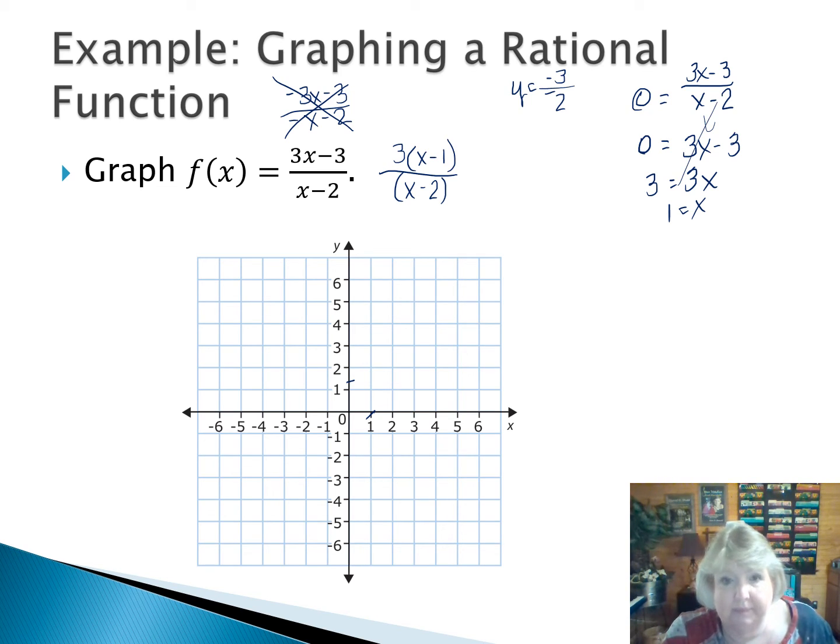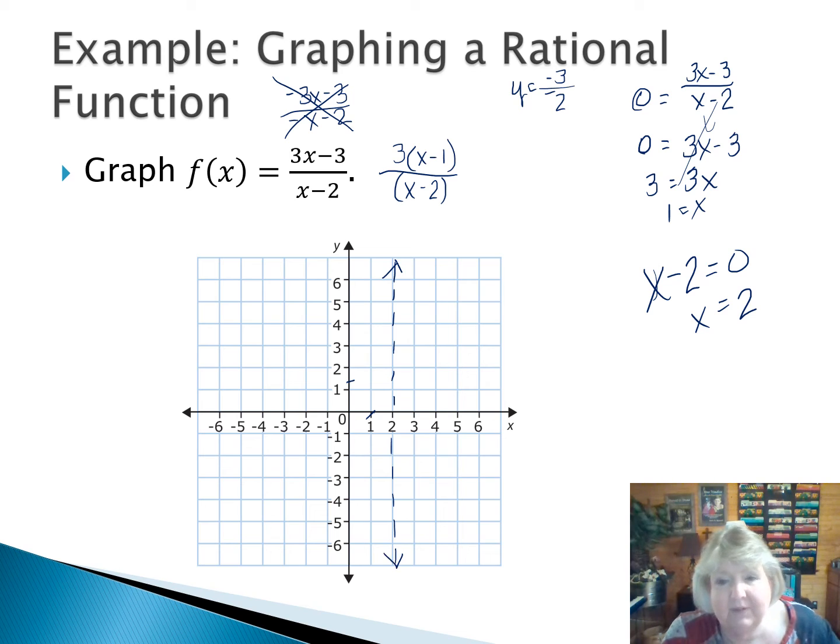All right, as for my asymptotes, let's do vertical first because that's the order we learned them. For my vertical asymptote, whatever makes that denominator equal 0 is my vertical asymptote. So x equals 2 is my vertical asymptote.